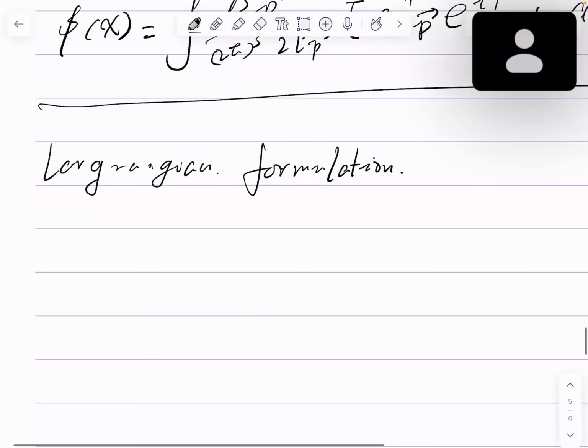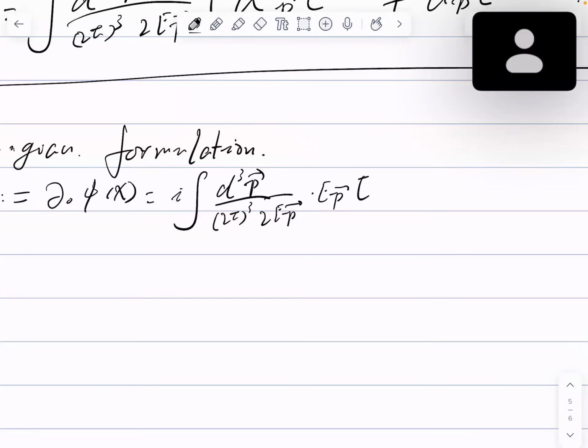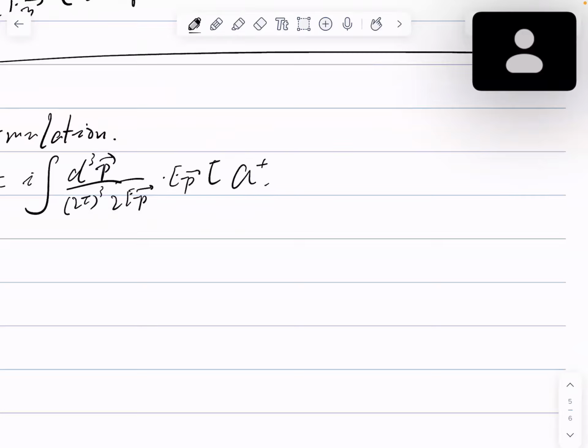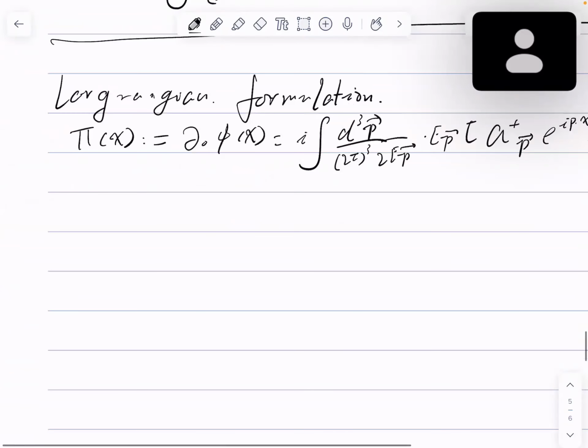First, we can take a time derivative of this field operator and obtain the so-called π(x) = ∂₀φ(x). π(x) equals the integral d³p over (2π)^(3/2), times E_p, times a_p† e^{ipx} minus a_p e^{-ipx}.